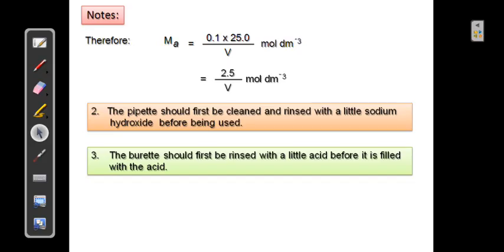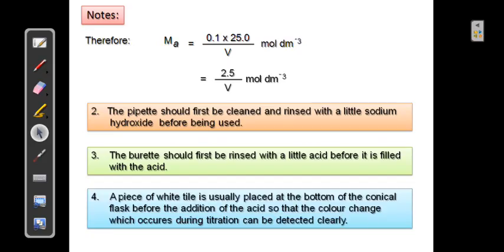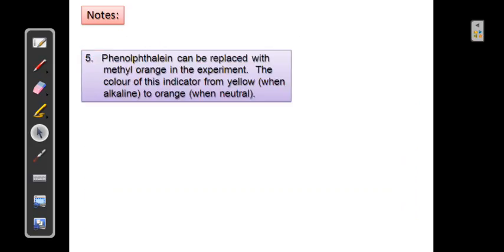So a piece of white tile is usually placed at the bottom of the conical flask before the addition of the acid, so that the color change which occurs during titration can be detected clearly, as I explained earlier. And then again, phenolphthalein can be replaced with methyl orange in the experiment.